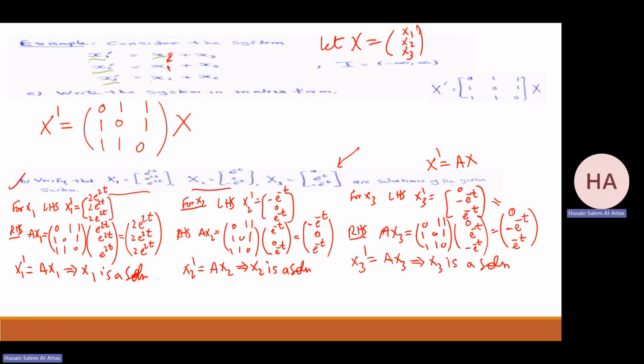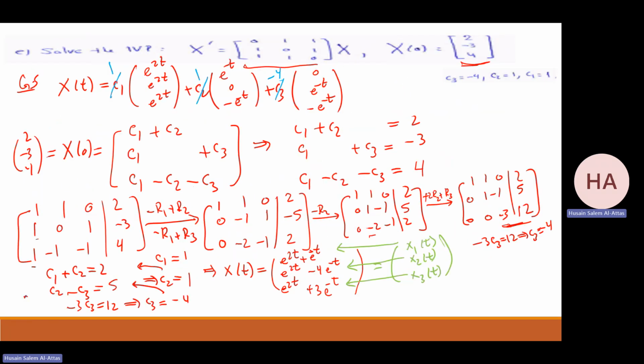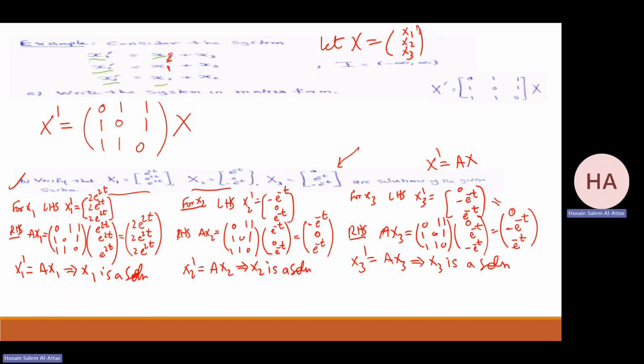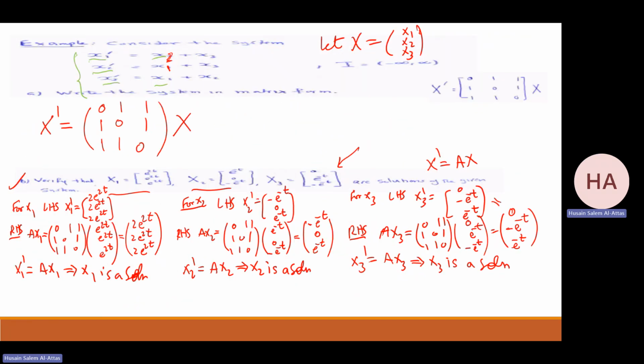Before I go to the matrices, this is what I mean by x1, x2, x3. So if you substitute these functions in these three equations, you should get the left-hand side equal to the right-hand side. Okay. I think we did good things.